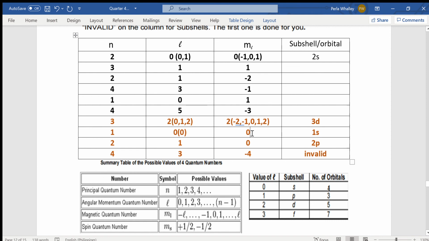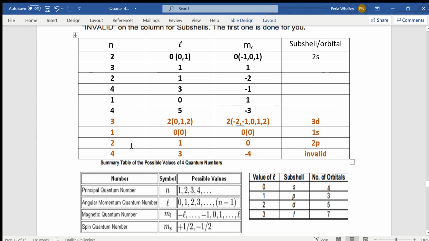What would be the M sub L? Remember that it will just follow L, so it will still be 0. Now, when L is 0, the subshell is S. And this one here we get from here, 1s. That means it belongs to the first energy level.